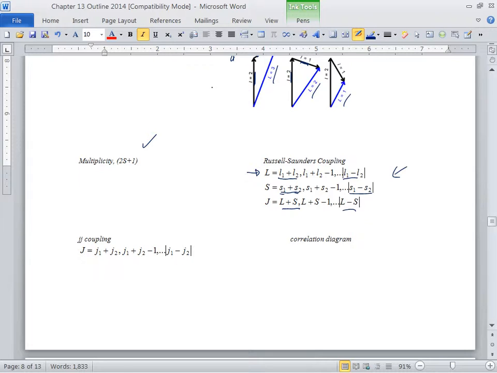So we're going to be following Russell-Saunders rules of coupling angular momenta. There are different ways of coupling depending on the situation. If you have heavier atoms, the way we're doing it may not be the smartest way to go. But these are the rules we're following.